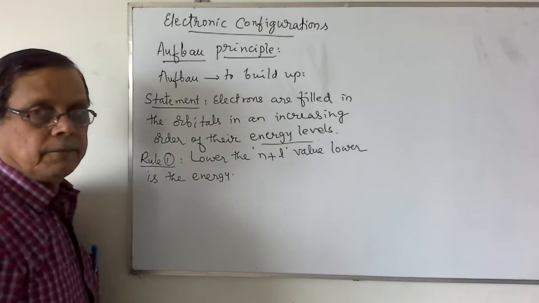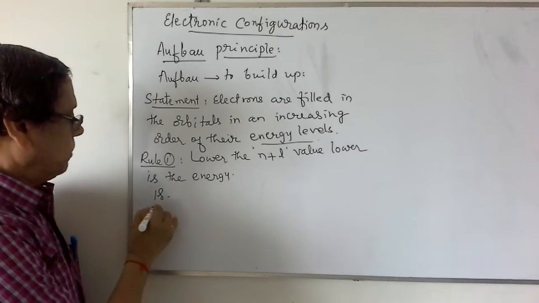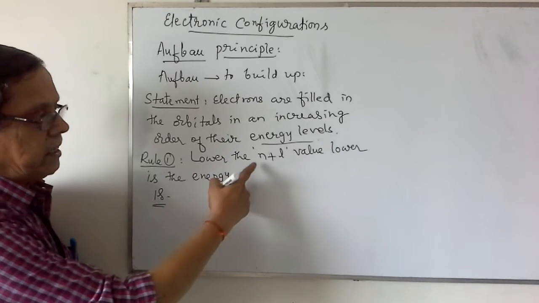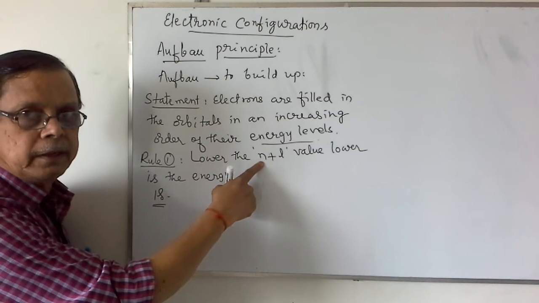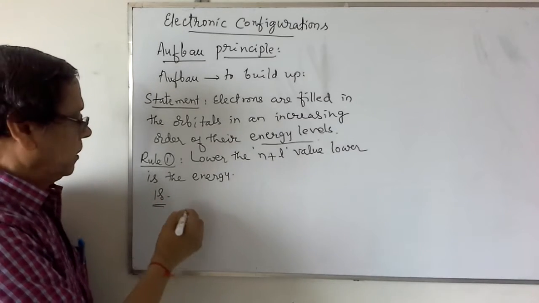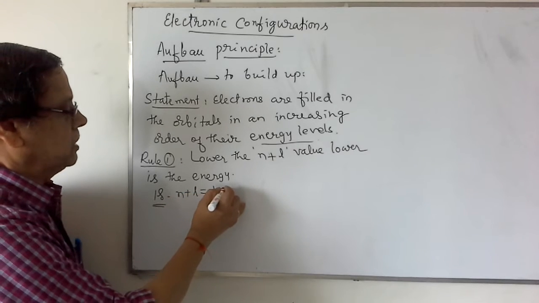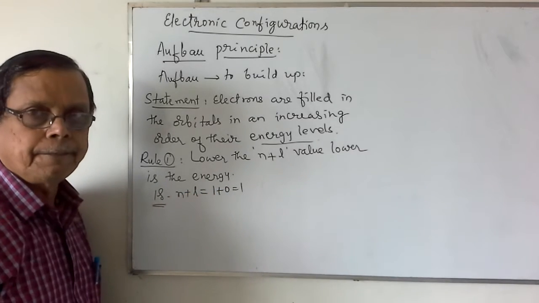Say for example, we have the 1s orbital. For this 1s orbital, the first number indicates the principal quantum number, and for the s orbital, L value is 0. Therefore, the n plus L value is 1 plus 0, equal to 1.